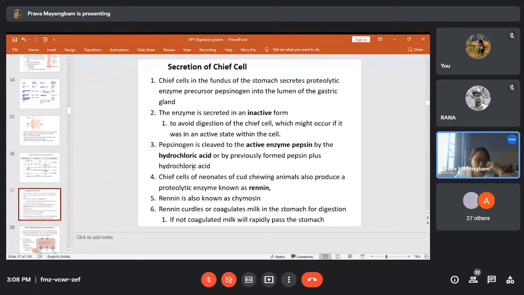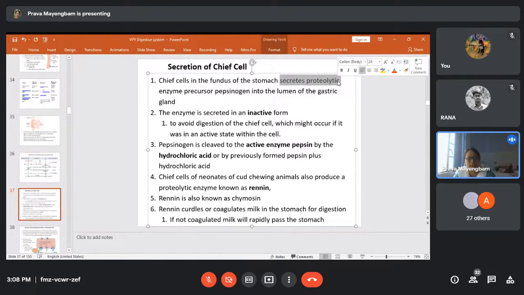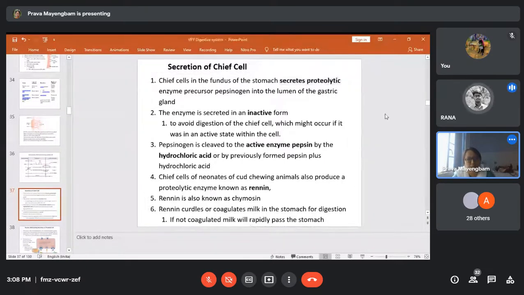Next, we are going to discuss the secretion of the chief cell. The chief cells, particularly in the fundus of the stomach, secrete a proteolytic enzyme. What do you understand by the word proteolytic? Breakdown of proteins.